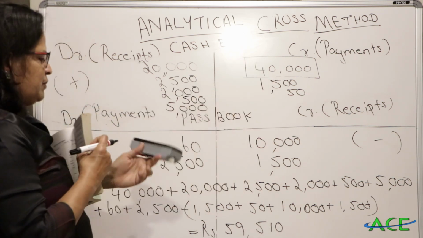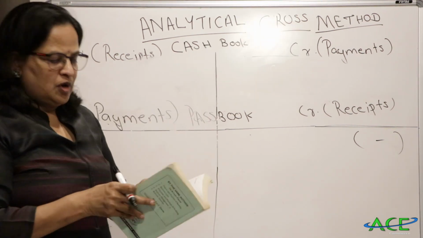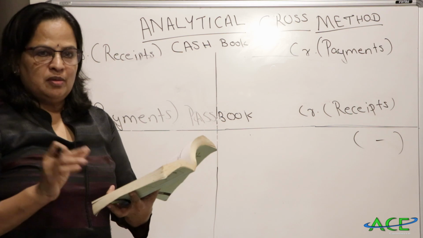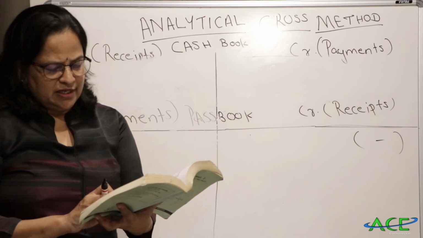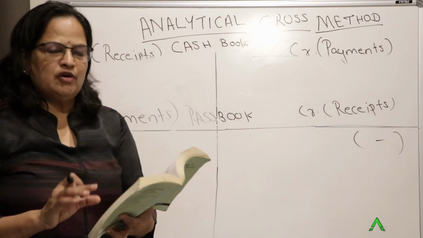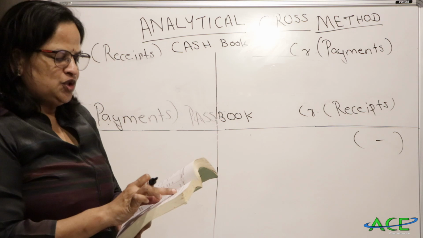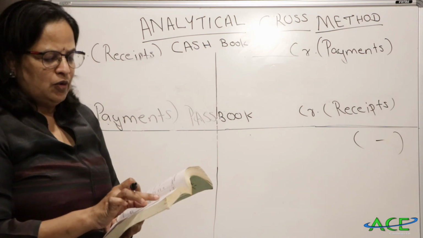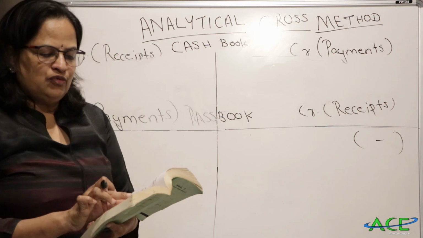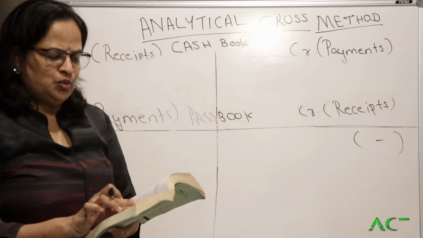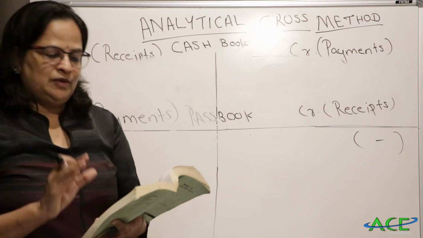Now we will do the second problem. On 30th June 2020, a merchant compared his passbook with the cash book and found the following differences. First, cheques amounting to rupees 12,500 were paid on 27/6/2020, out of which cheques of the value of 4,000 were credited in the passbook only on 4th July 2020.